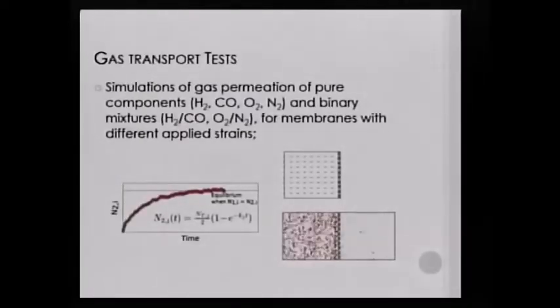So we ran gas transport tests, where we start with a simulation box divided by our membrane, one side filled with molecules and the other one empty.